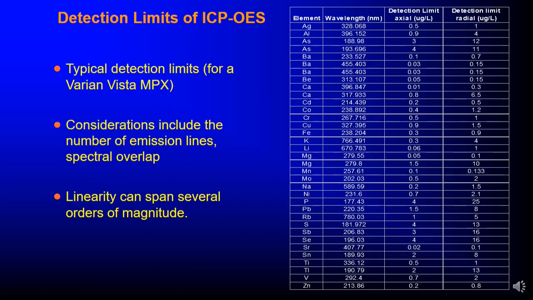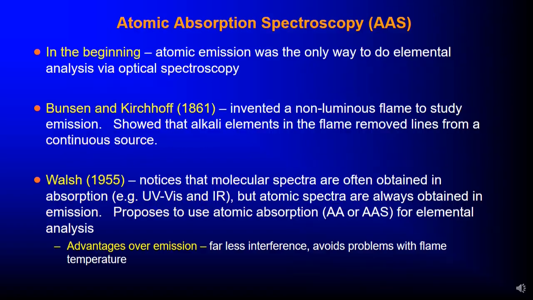As you can see there, typical detection limits consideration include the number of emission lines and spectral overlap. And then linearity can span several orders of magnitude.